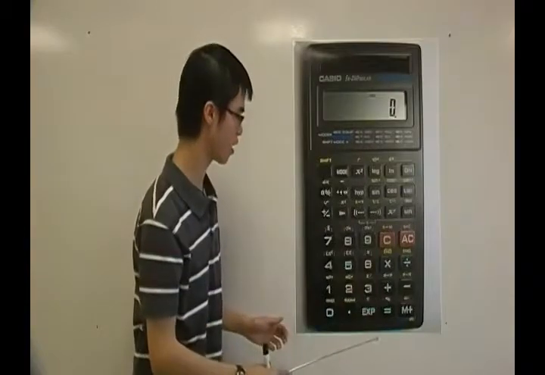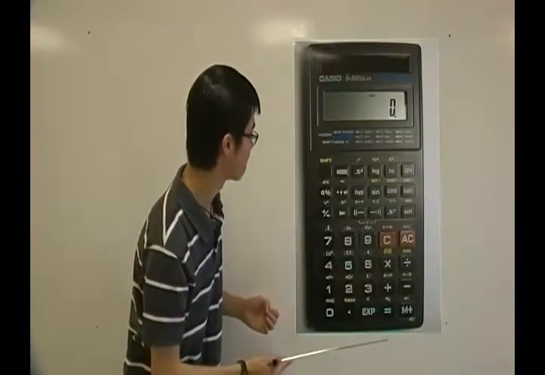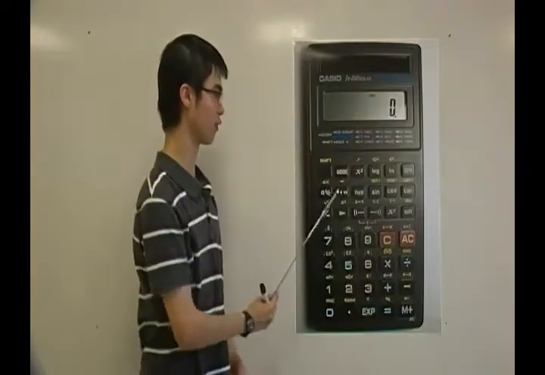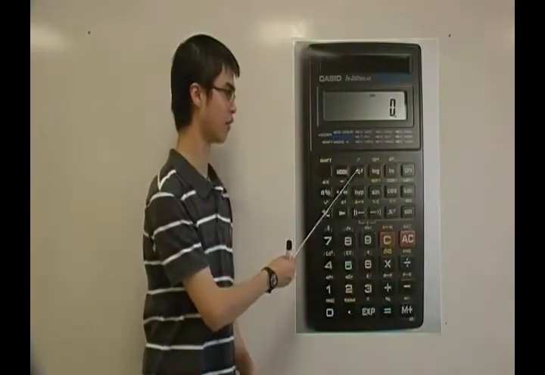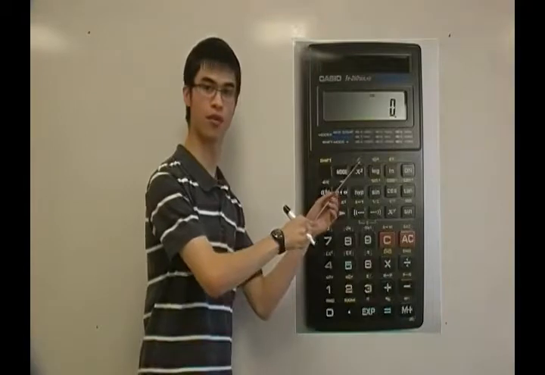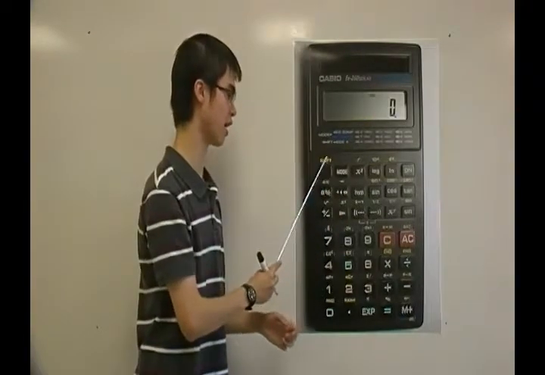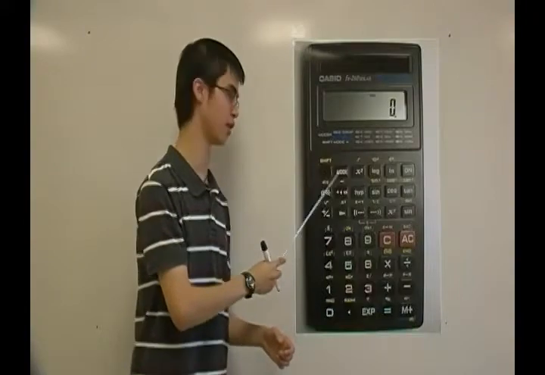So let's say you hit the exponent button. What you'll do first is hit shift, and that little symbol up there is the square root. So that button will be recognized as the square root after you hit the shift.